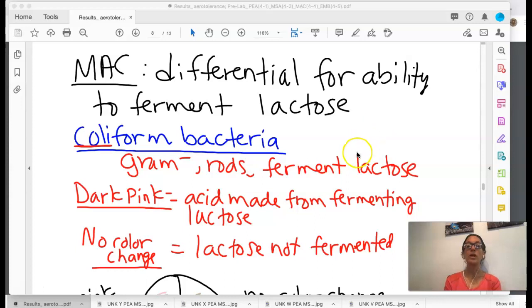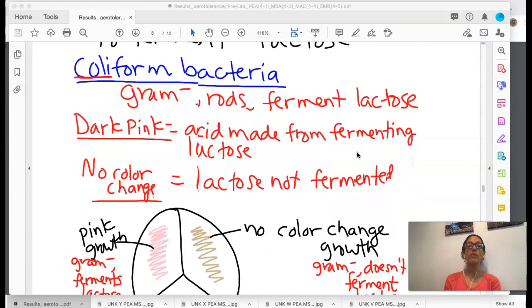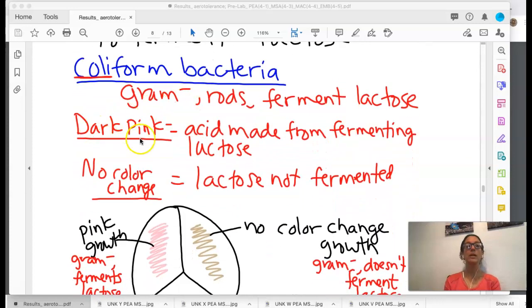So when bacteria are streaked or inoculated onto MacConkey agar, we can have dark pink. That means that acid was made from fermenting the lactose. It causes a color change. Or we could have no color change, and that means the lactose was not fermented.